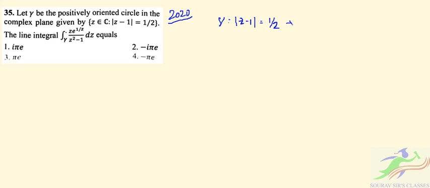So it is a circle centered at (1, 0) with radius half, right?